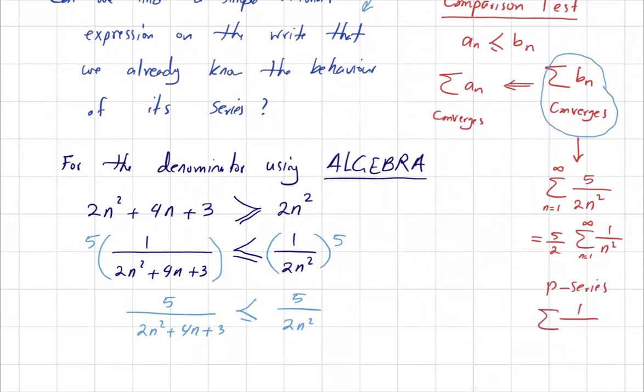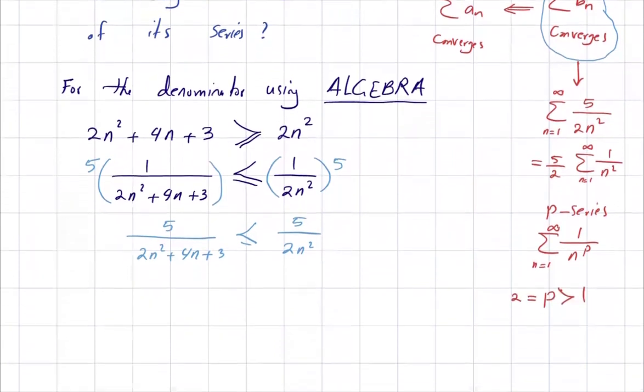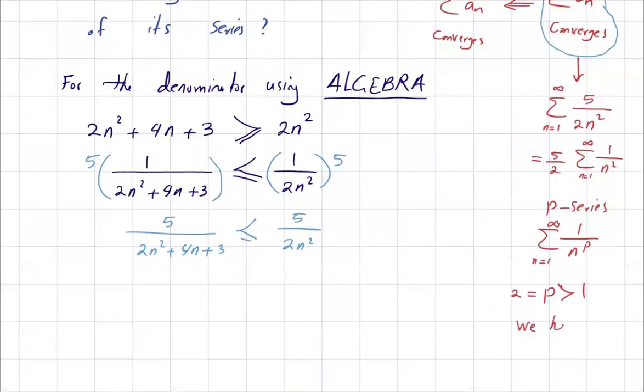The summation of 1 divided by n to the power p, n starts from 1, goes to infinity, and since p is equal to 2 and it is more than 1, we have a convergent series. So what's the meaning of that?